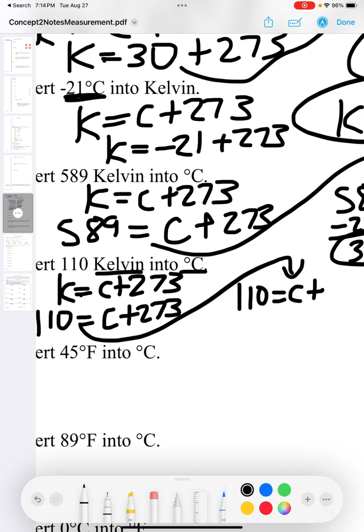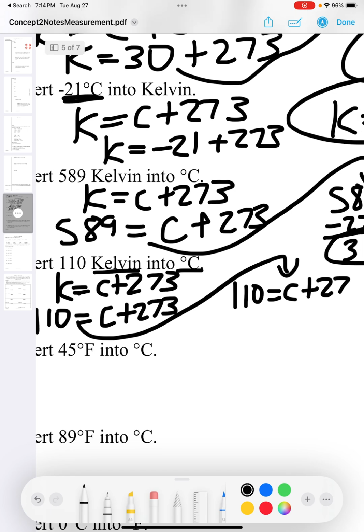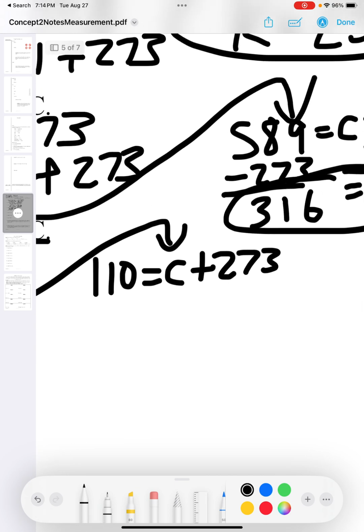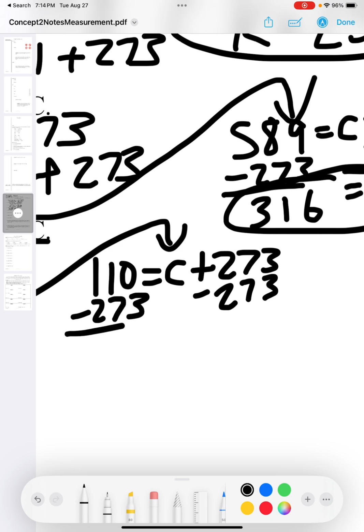Okay, so again, you have to ask yourself, what is keeping the C from being by itself? Well, the adding 273 is keeping it from being by itself. So to undo adding 273, we have to subtract 273 on both sides. Okay, those undo each other, and that leaves the C by itself.